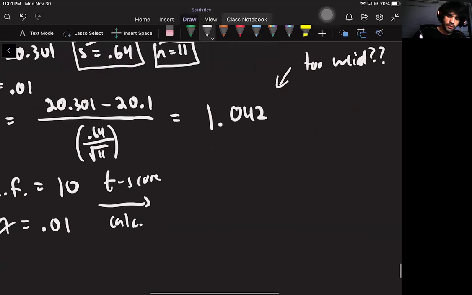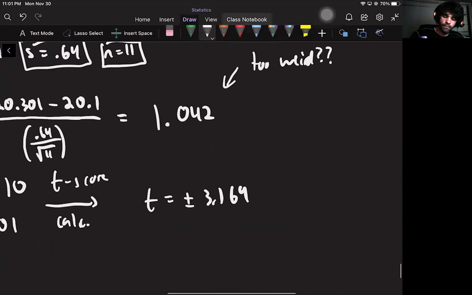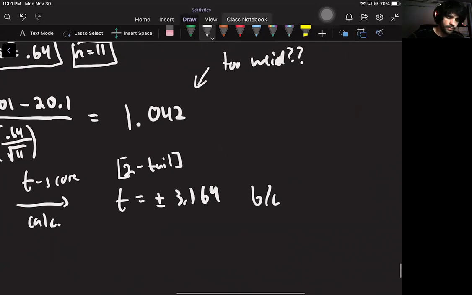And this time we're going to use the two-tail, which is going to look something like this, plus or minus 3.169. And the reason we're using two-tail is because of our alternative hypothesis having a not equals instead of a greater than or less than sign.